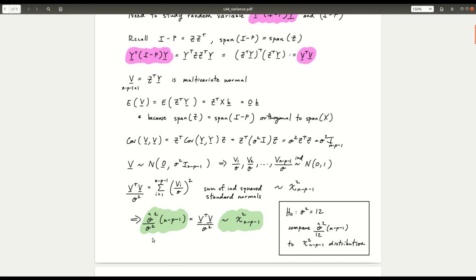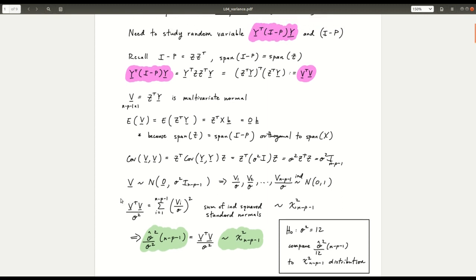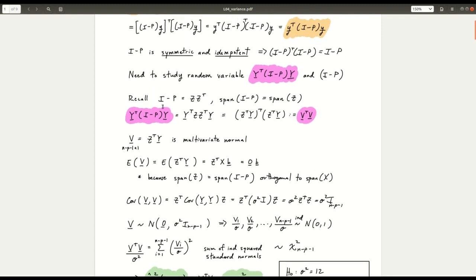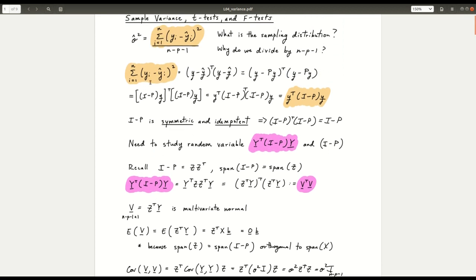And then if we put all this together, remember that we're talking about V transpose V, which is equal to Y transpose I minus P Y, which is the thing that appears in the numerator.